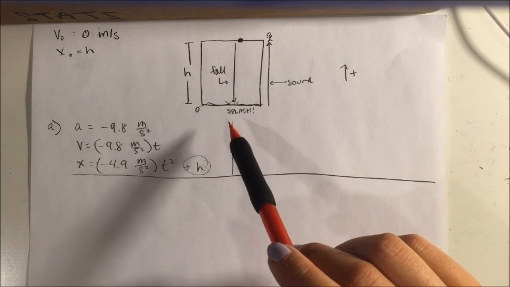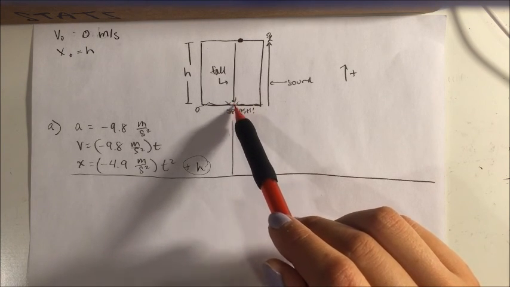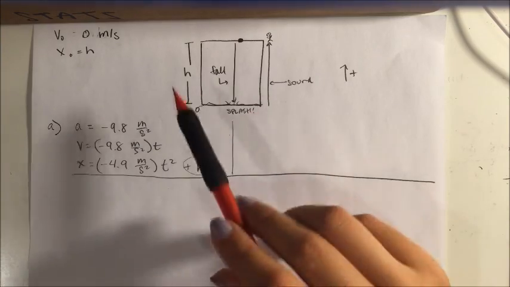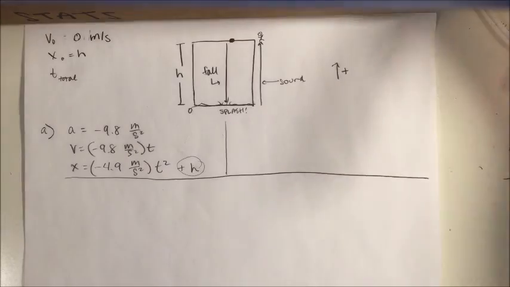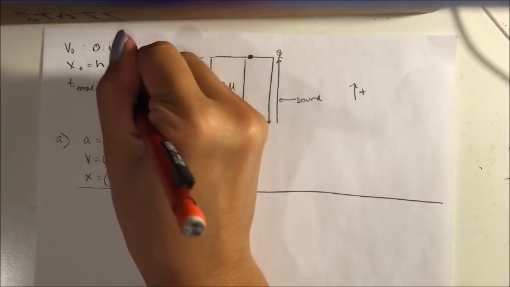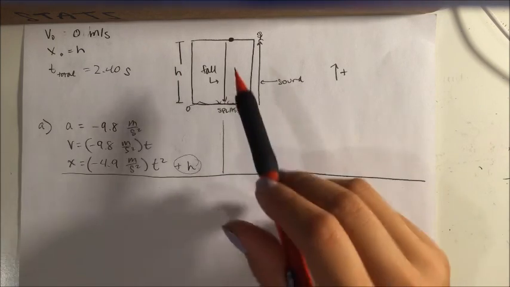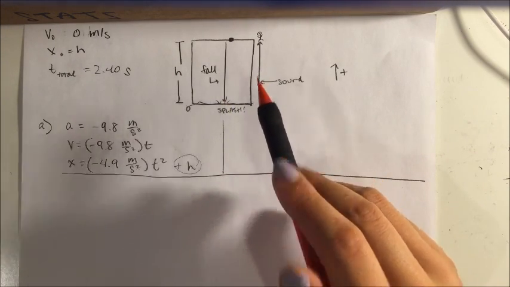Does that make sense? If it's fallen H meters at that time, then we want to figure out what exactly that is so that we can figure out what H is. But the total time that's given in the question is 2.40 seconds, and that number represents the amount of time for the fall and the amount of time for the sound put together.